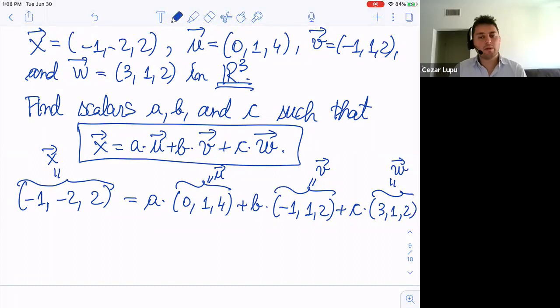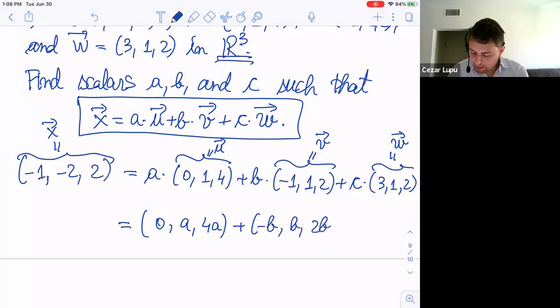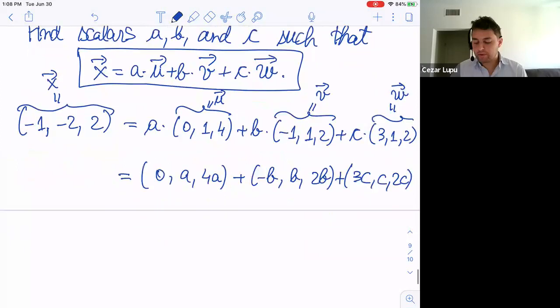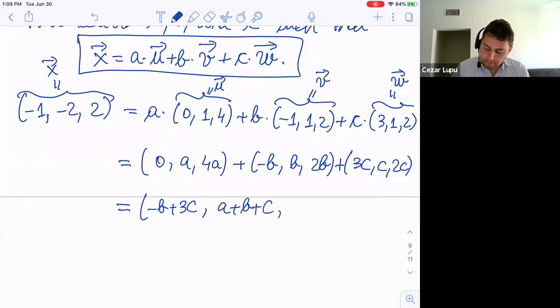Once we do all these computations, we get 0a plus -b plus 3c, a plus b plus c, and 4a plus 2b plus 2c.